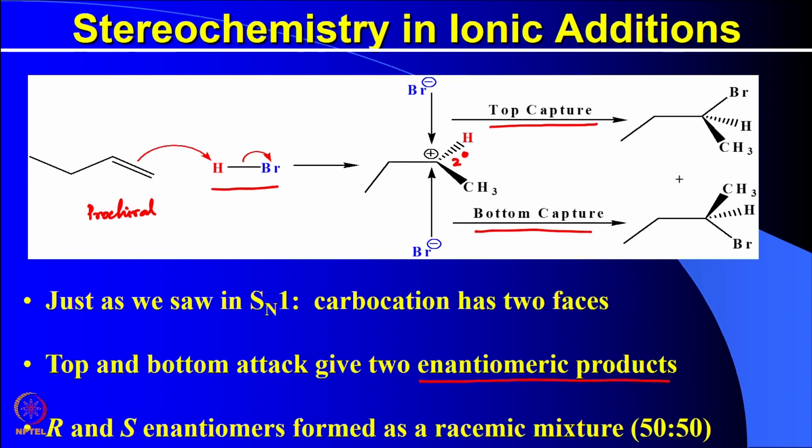So in this reaction, using a prochiral compound, we could generate a pair of chiral molecules which are enantiomers, and needless to say, these two faces of the carbocation are equally populated, equally accessible to the bromide ion, and hence it gives rise to a racemic mixture of these two enantiomers. So we end up getting a racemic mixture of a chiral compound.